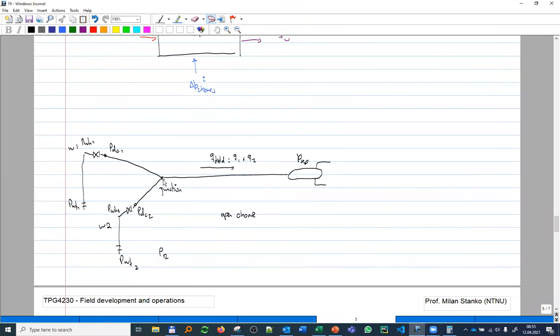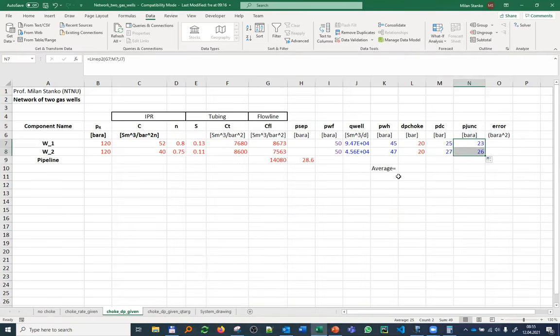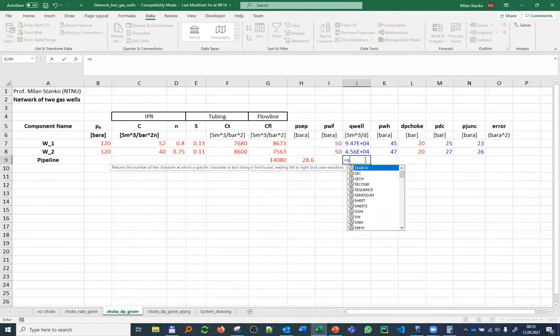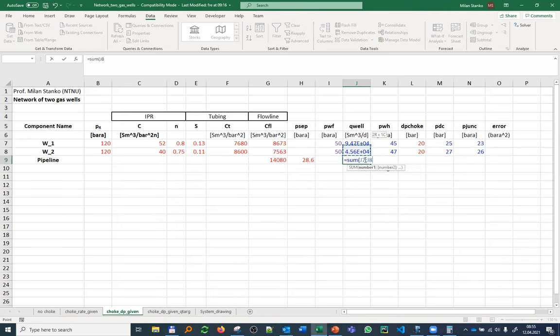Now I have two. So now I go from the separator counter current to the junction using the flow line equation. So first I have to compute these two. And then I calculate P at the junction, which will be line P1, because I'm moving against the flow.